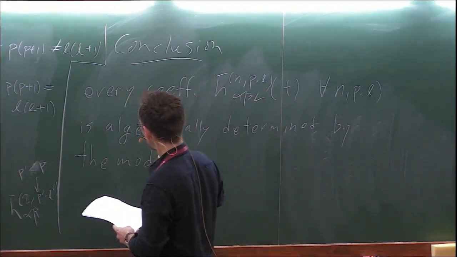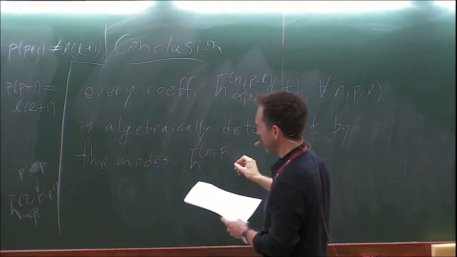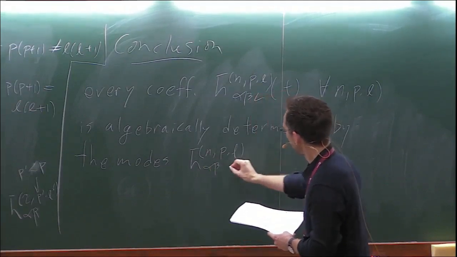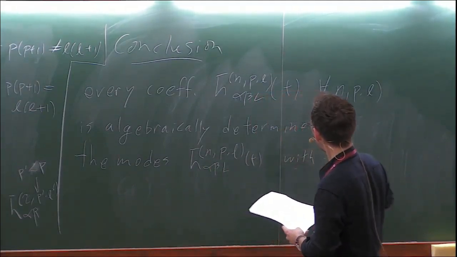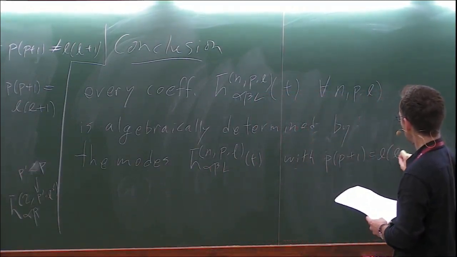So by the modes h bar n p l alpha beta l with p times p plus 1 equals L times L plus 1.